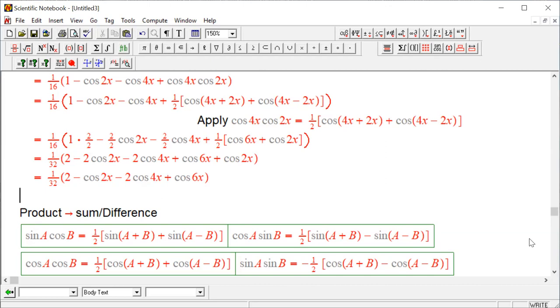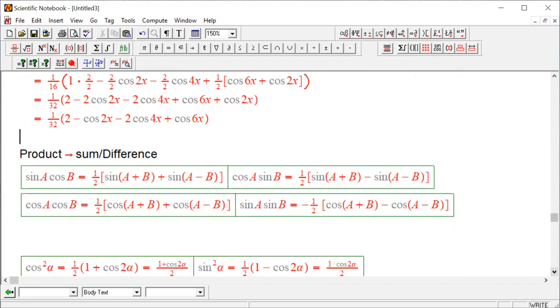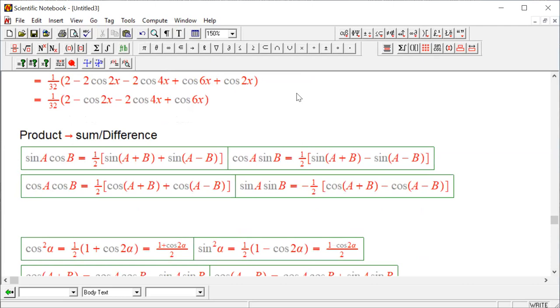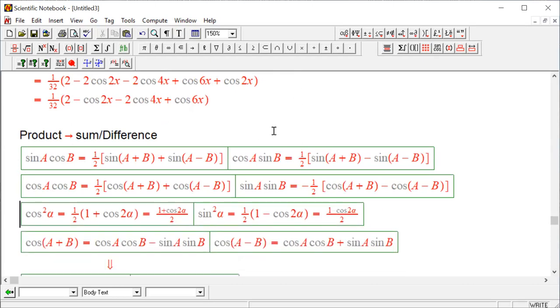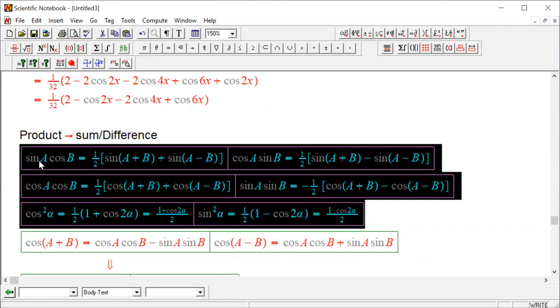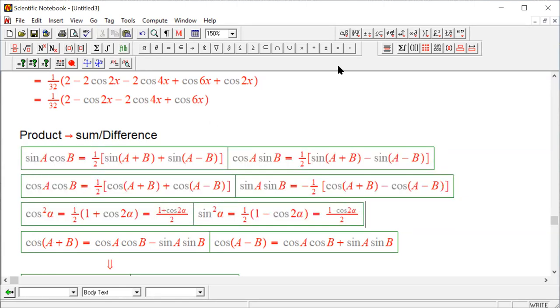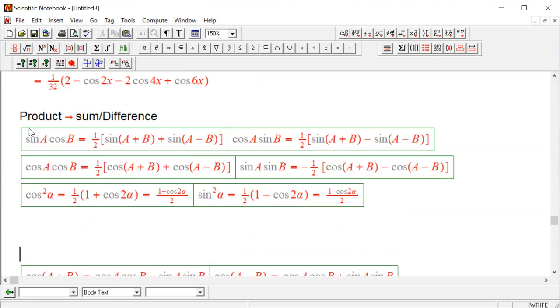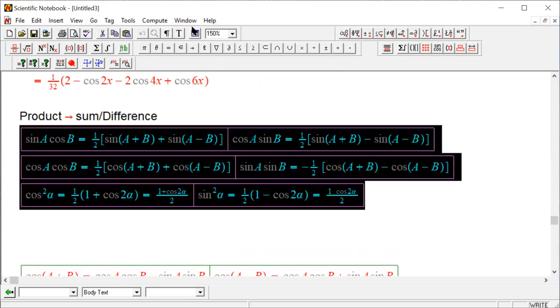And the tools we're using are primarily transforming product to sum or difference, or the double angle formula, which all reduce power. Because if you look at all these formulas, they reduce power.